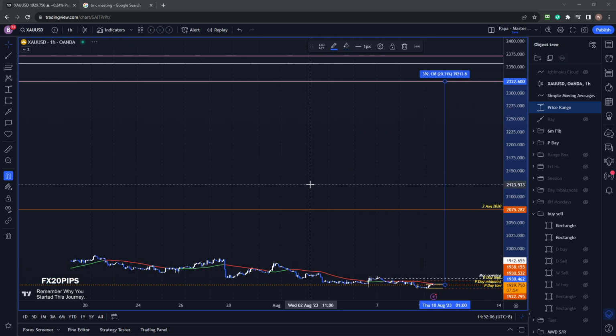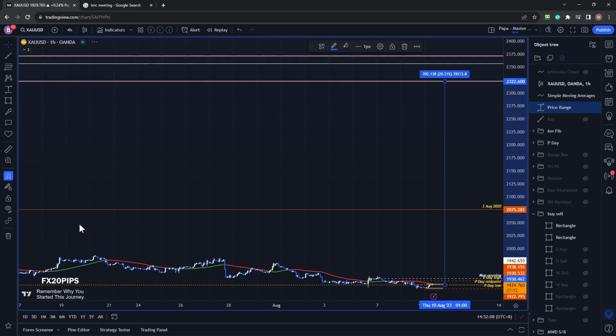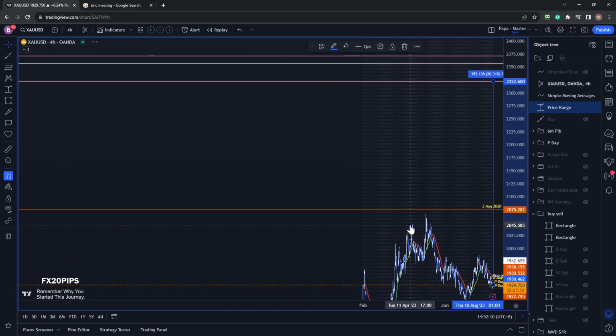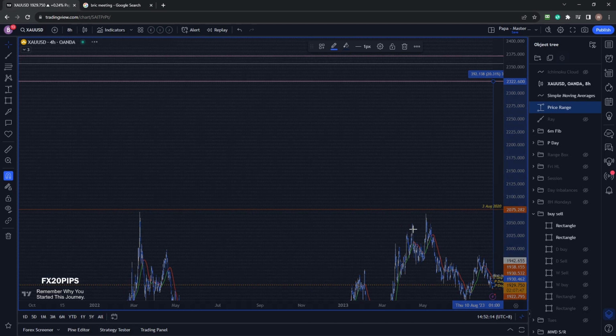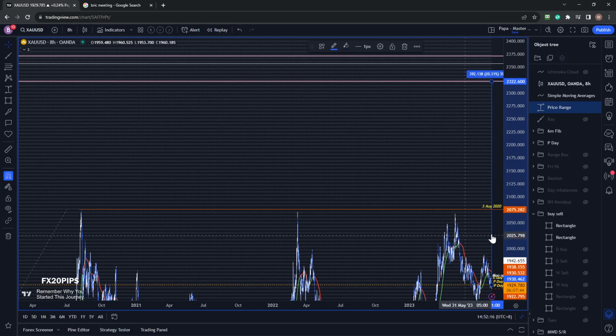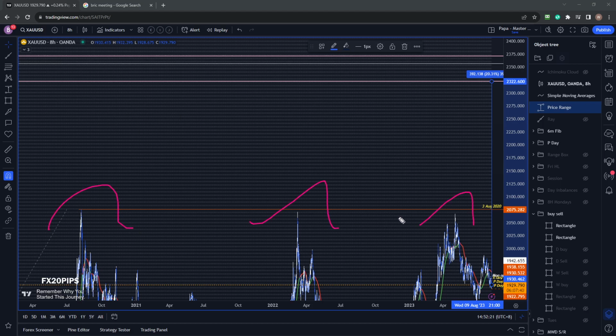Okay, this is what I'm trying to say. All these bounces are the all-time high. Yeah, these three bounces, 1, 2, 3, all-time high.